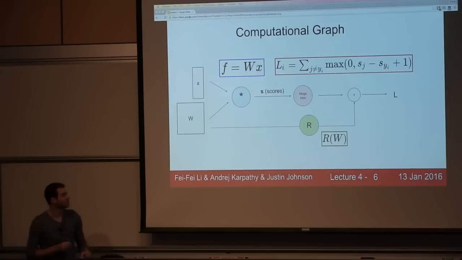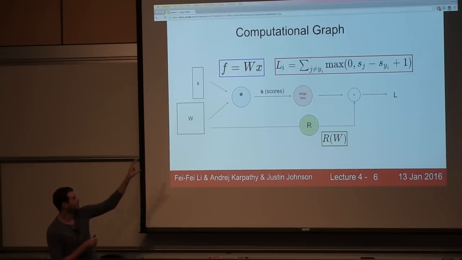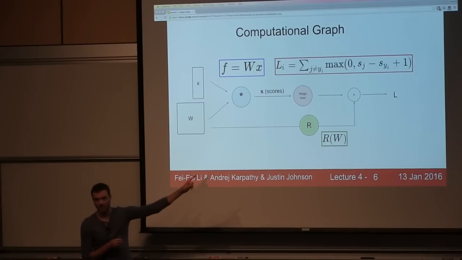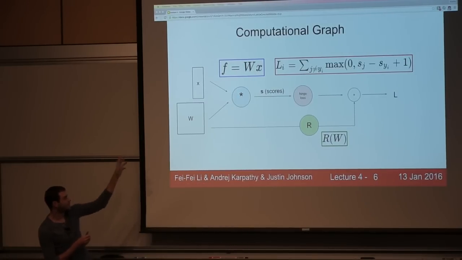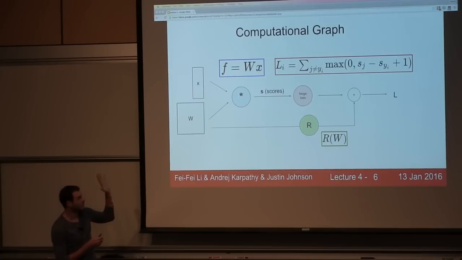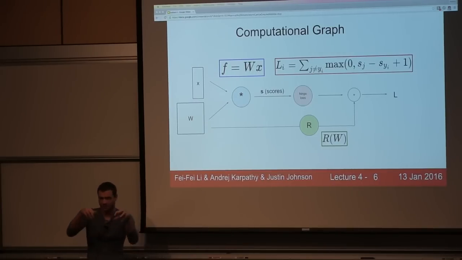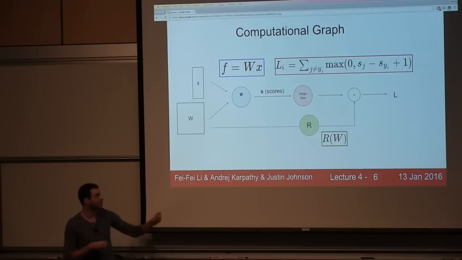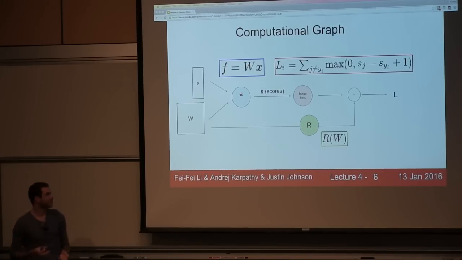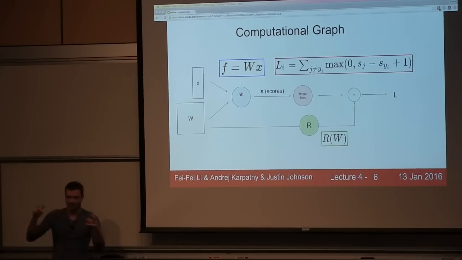Here we're thinking about these values flowing through a computational graph where you have these operations along circles, and they're basically little function pieces that transform your inputs all the way to the loss function at the end. So we start off with our data and our parameters as inputs. They feed through this computational graph, which is just a series of functions along the way. And at the end, we get a single number, which is the loss. And the reason that I'd like you to think about it this way is that these expressions right now look very small, and you might be able to derive these gradients.